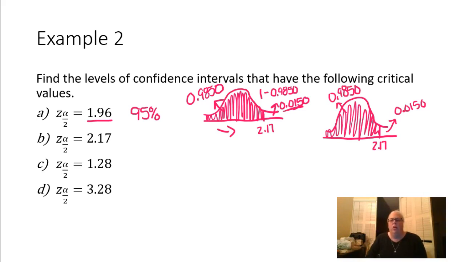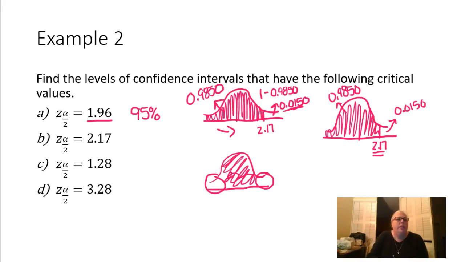Okay. Well, what I would like to do is create something that looks kind of like this, where I have the same amount of open space back here that I have back here, and then all of my area is actually shaded in the middle here. Now, this is a set number. We're using 2.17, and I have the area back here in the white part as 0.0150.